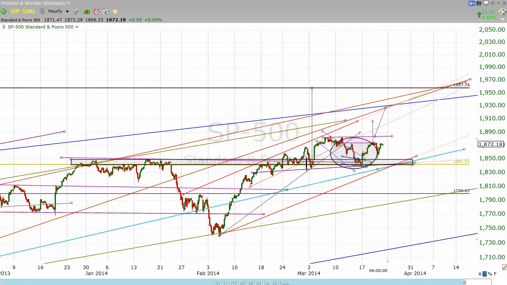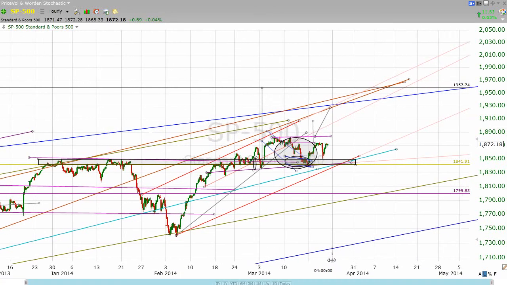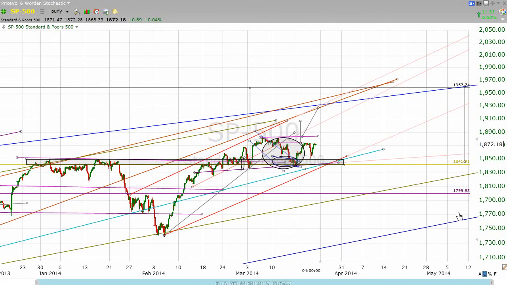And as we extend on out here, I've made mention of the fact that we've got all of these resistance lines up here. But if we extend this chart on out for a bit, you can see, and there's that line again, by the way.